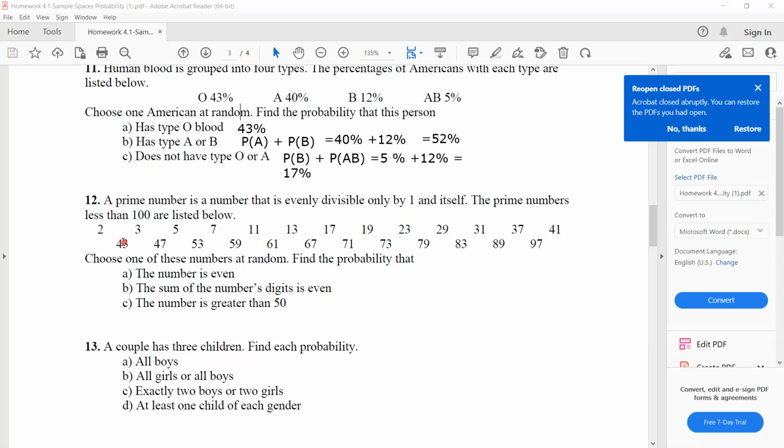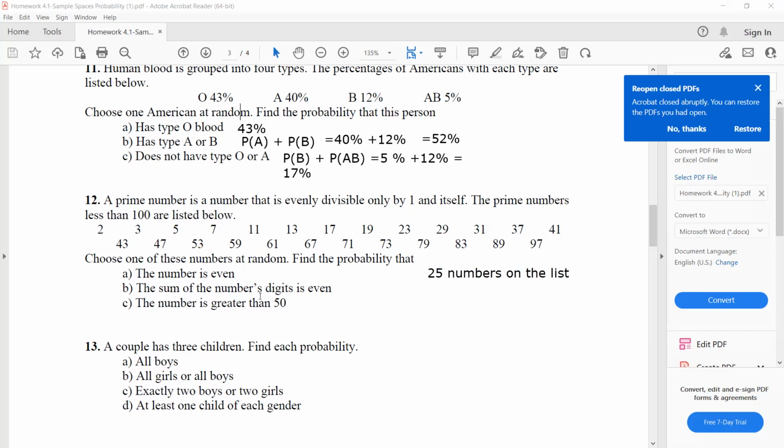There are 25 prime numbers on this list. So our sample space has 25 prime numbers.